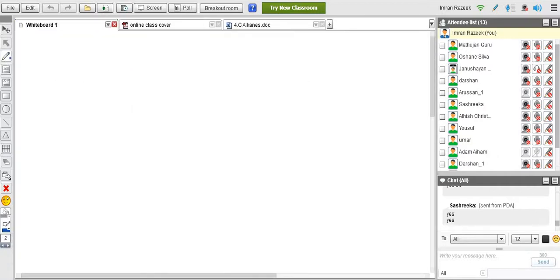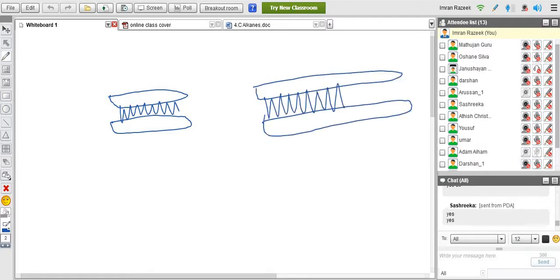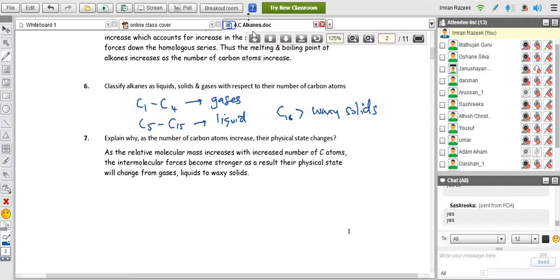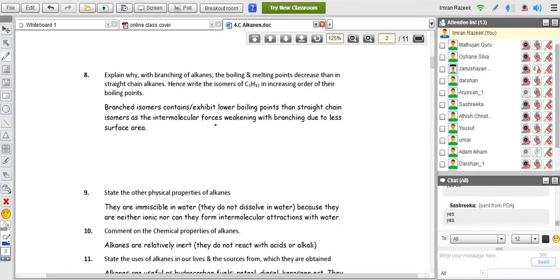For example, the shorter molecules have less surface area, so there are fewer interactions between the molecules compared to long chain molecules. Long chain molecules have more interacting surface, so they can form multiple intermolecular attractions between the molecules. So that's the reason as intermolecular attractions increase, their physical state changes from gases to liquid to waxy solids.